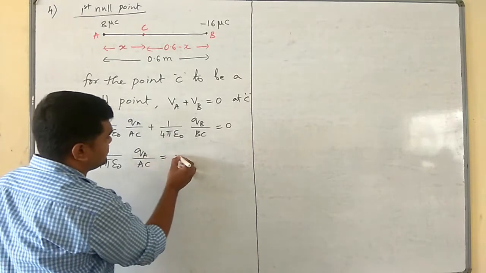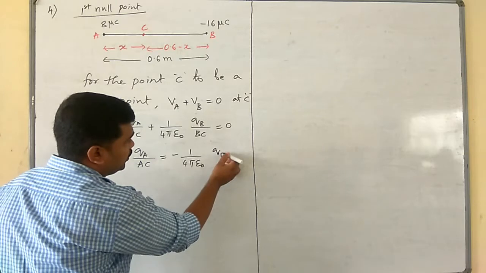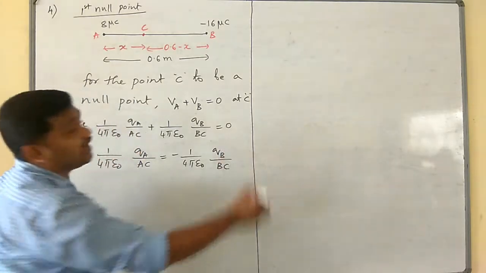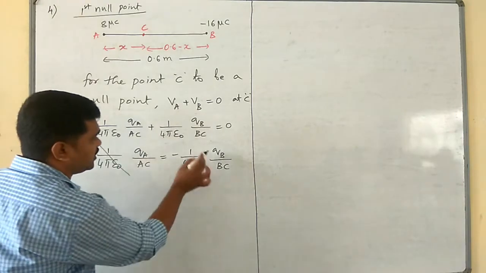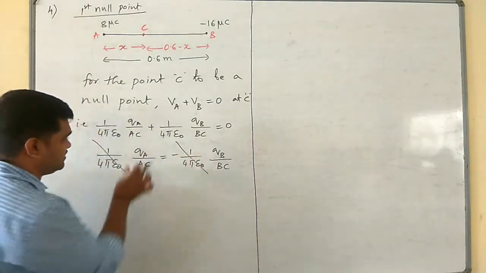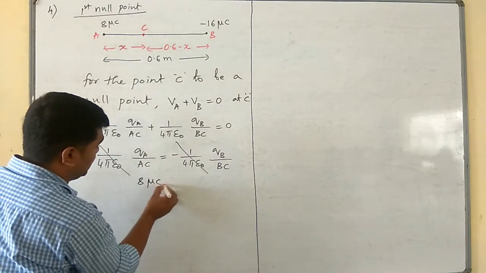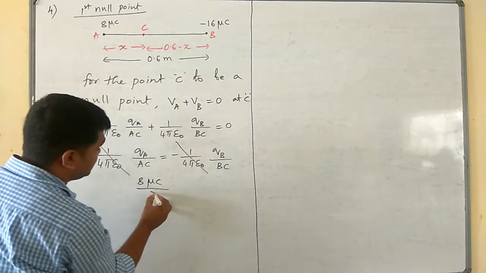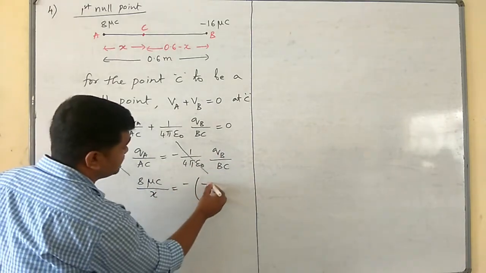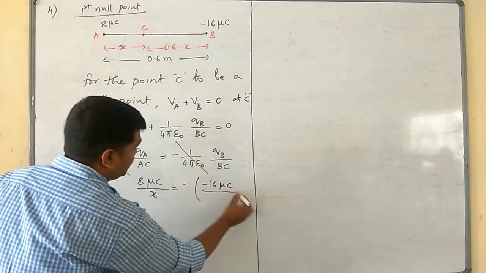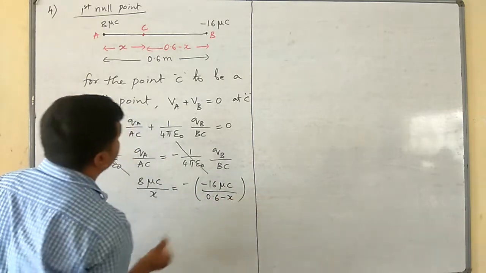QA divided by AC is equal to minus 1 by 4 pi epsilon naught QB divided by BC. Next, 1 by 4 pi epsilon naught cancels. At A we are having the charge 8 microcoulomb. The distance AC is x. Next, QB is minus 16 microcoulomb divided by the distance BC, which is 0.6 minus x.